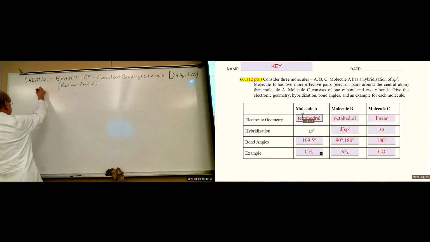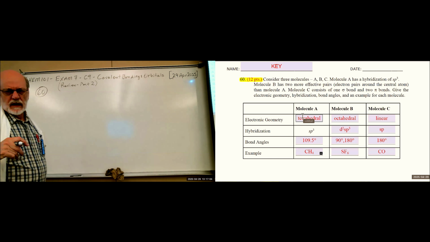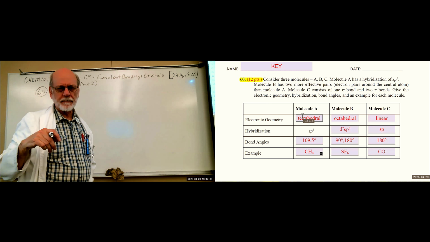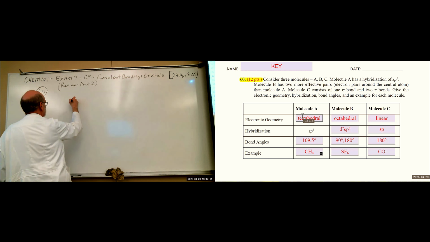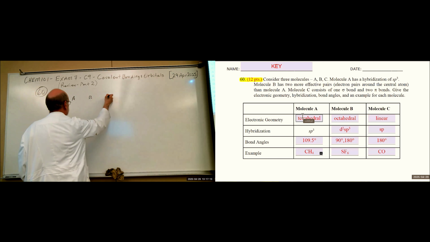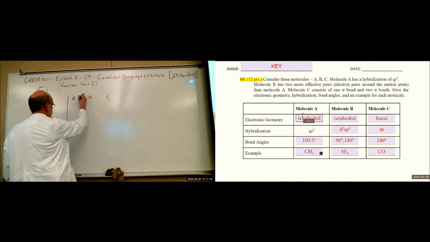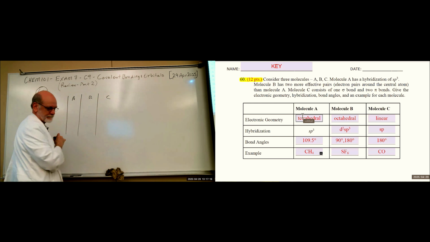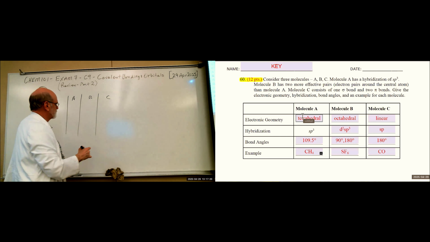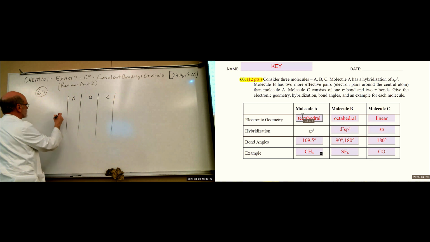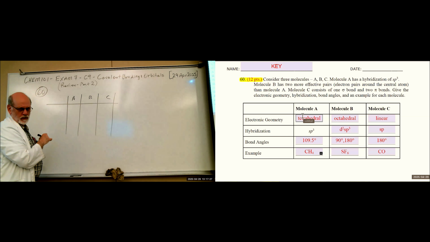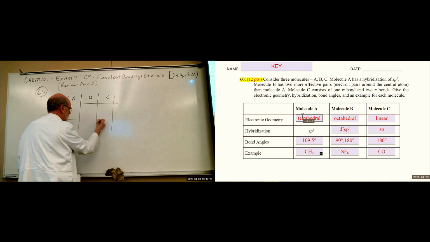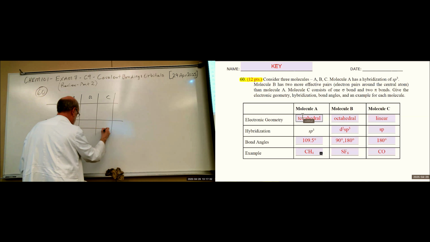Number 60. Okay. So we have molecules A, B, and C. And we're gonna designate conditions.